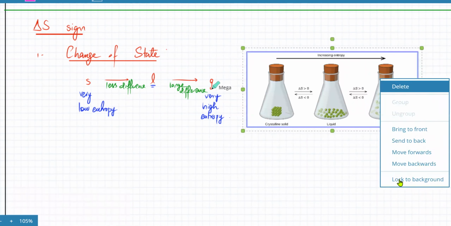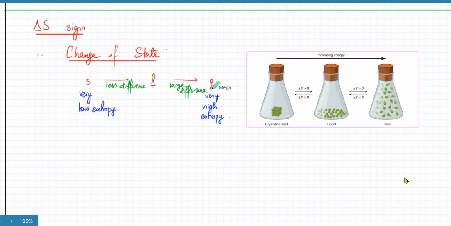This diagram is a representation of what's happening. Solids to liquids is not a very huge jump, but liquid to gas is huge. This is highly disordered. And if something changes into a gas, things explode because of the higher pressure. So just remember that.